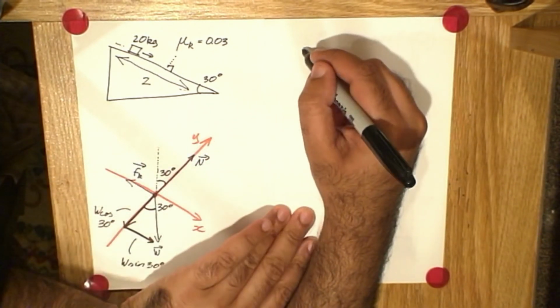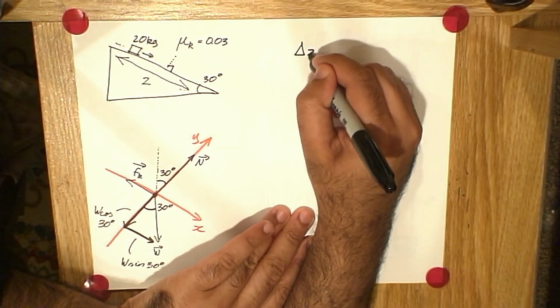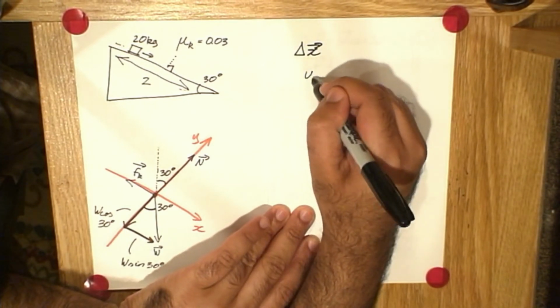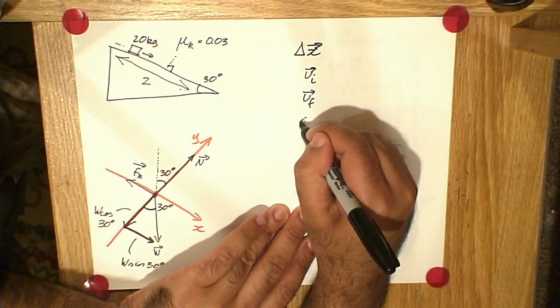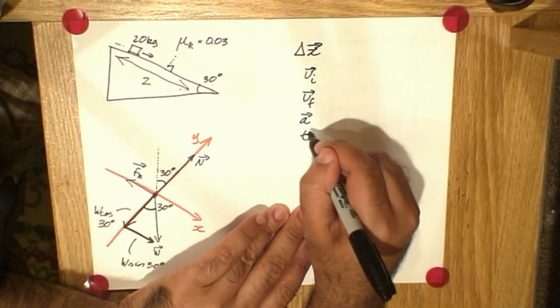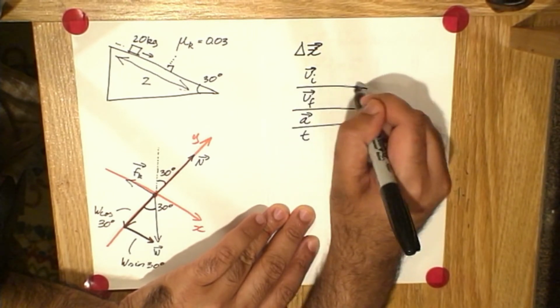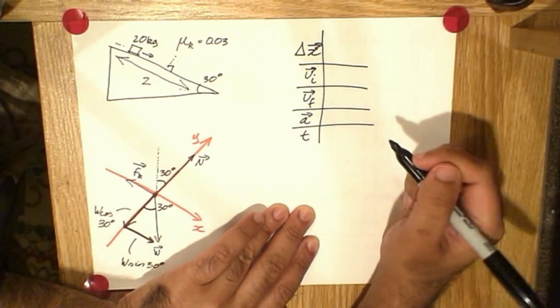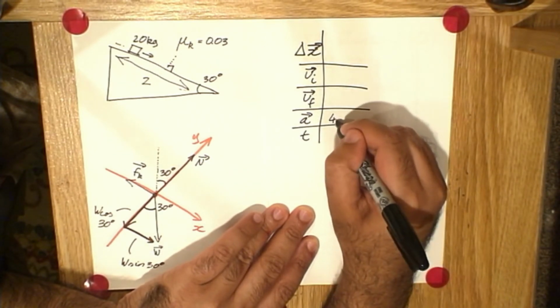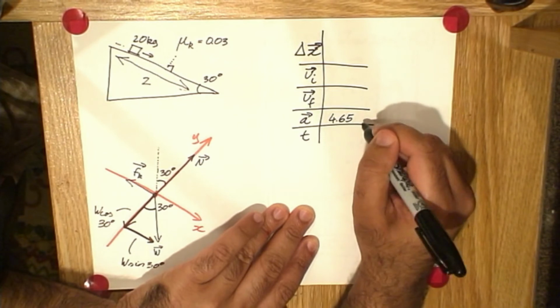So let's draw one of our kinematics tables. Delta x, v initial, v final, acceleration, and time. The acceleration we just figured out was 4.65 i hat.